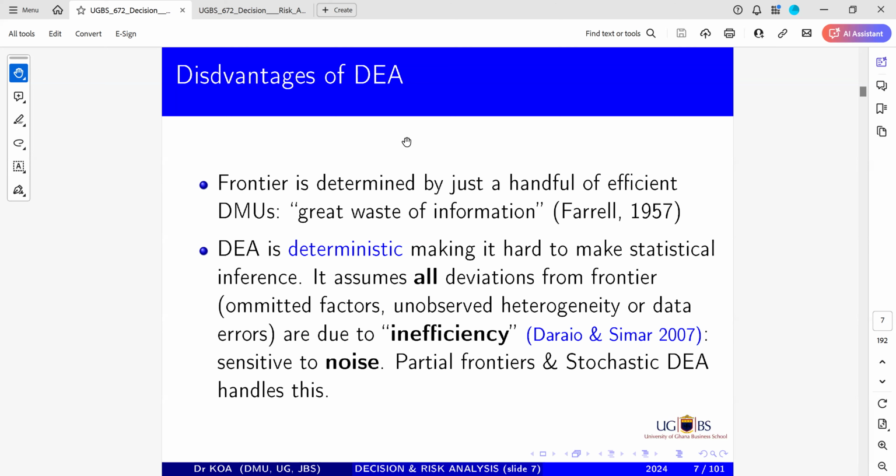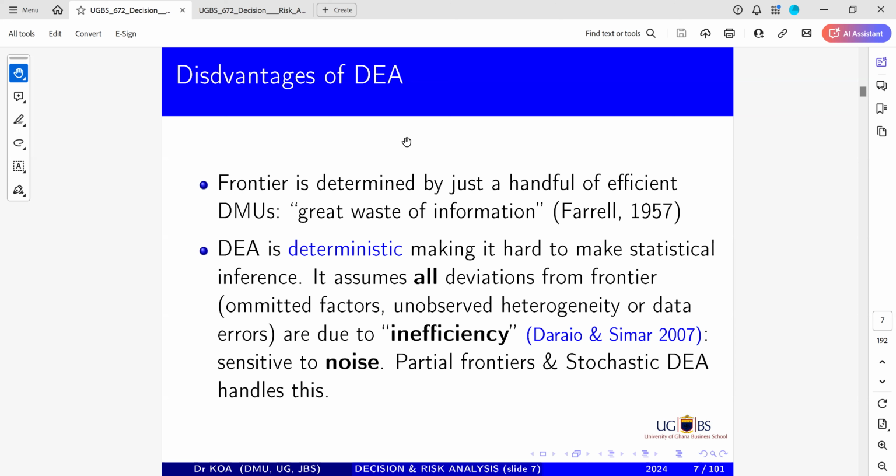So most of the time, forget about our example, which didn't reflect that, the frontier is determined by a small number of efficient guys, while most of the others are inefficient, inside the frontier, inside the production possibility set. And this has been defined as being a great waste of information. It's like you ask for something, I give you that something, and you just take a little of that something. It's a whole new kind of work that you can check later.